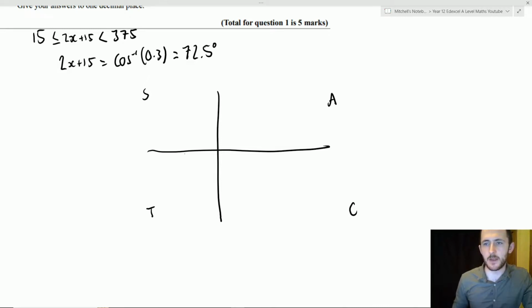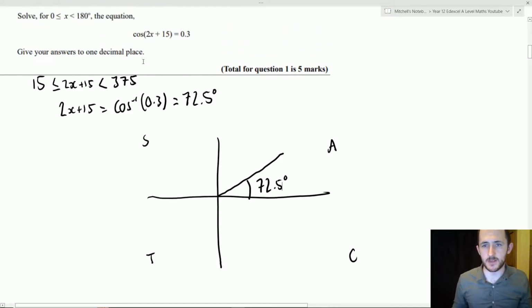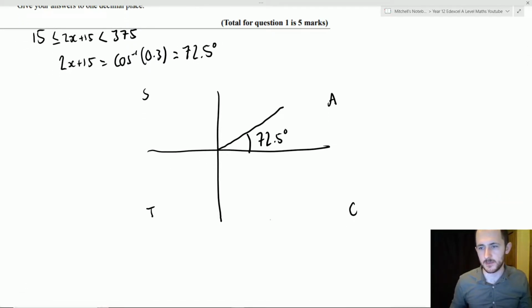So again, the angle that we get from working out on our calculator, we always put in the all column. That's 72.5. Now our answer is indeed positive, right? 0.3 is positive. The angle is positive, so we're going to go anti-clockwise, and since we're doing cos, we're going to go into the C section, which will be down here.